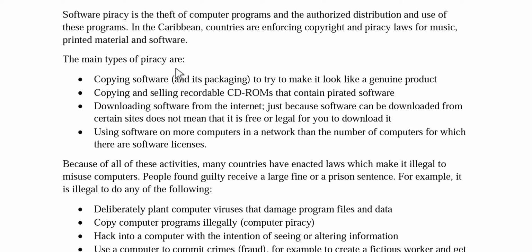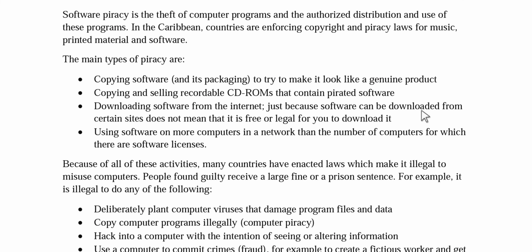The main types of piracy are: 1. Copying software and its packaging to try to make it look like a genuine product. 2. Copying and selling recordable CD-ROMs that contain pirated software. So even copying pirated software from a computer to a flash drive to another computer is illegal. 3. Downloading software from the internet.